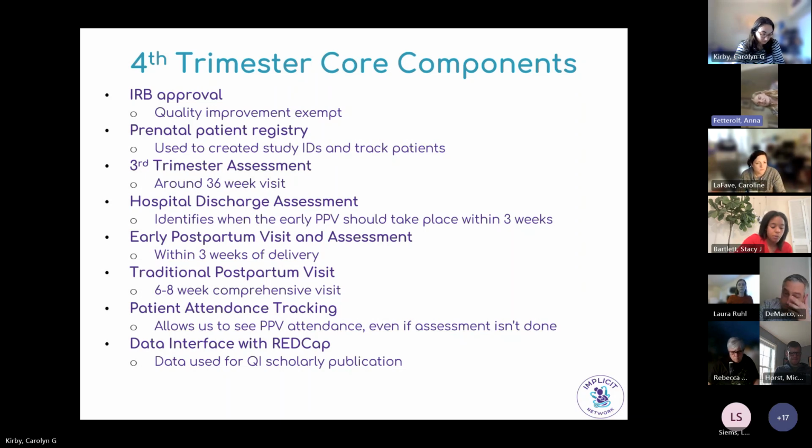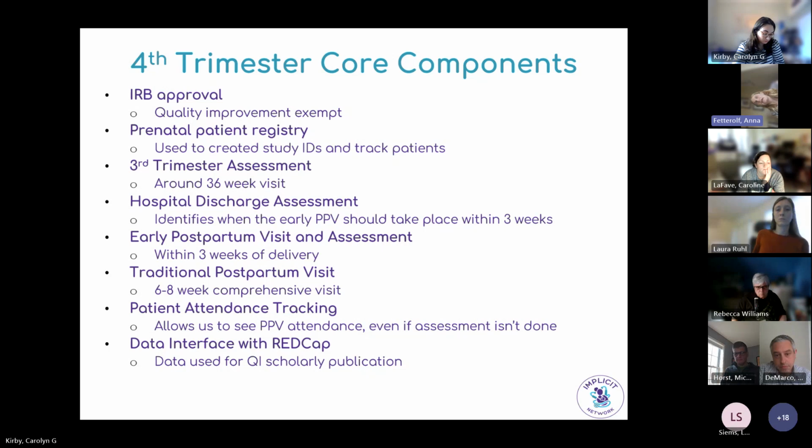Patient attendance tracking is important with this project because, as with any new project, screening may be a little light at first while getting providers used to that workflow. So one of the major things we want to see is how we are doing at bringing patients in earlier, so we need an ability to track that outside of just the questionnaires.